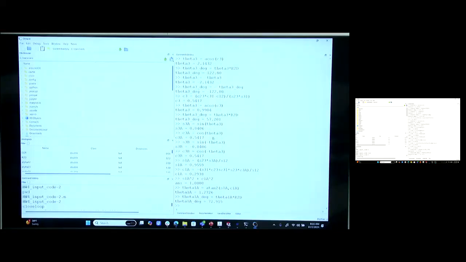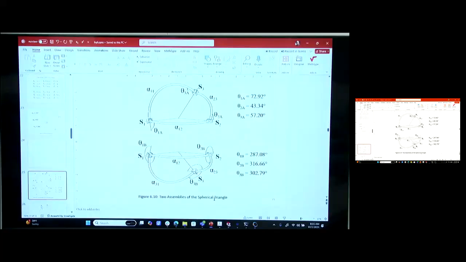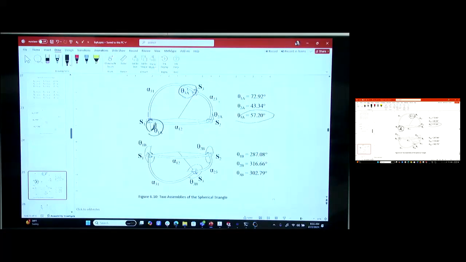So I got 72.915, and I don't have any other typos. So now I know for that value of theta 3, we went ahead and built that, and then when we assembled the triangle, everything is drawn to scale here, so that is 72.92. So life's looking pretty good.